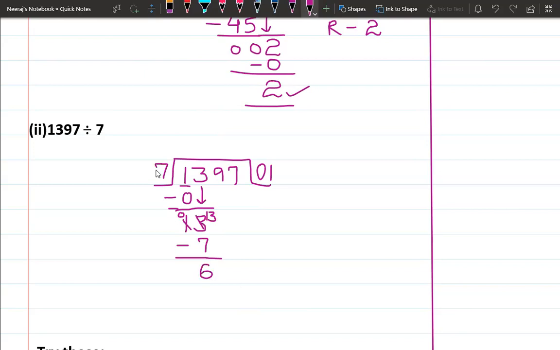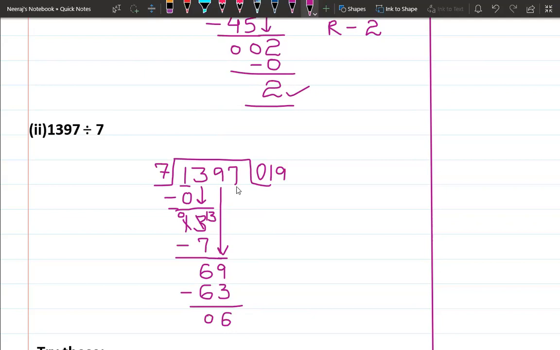So 13 minus 7 will be 6. Now we cannot divide 6 by 7, so we need to make a bigger number. We bring down the next digit, making the number 69. Now let's divide 69 by 7. In the table of 7, we know that 7 nines are 63. Now we subtract 69 minus 63, and 9 minus 3 will be 6, and 6 minus 6 will be 0.